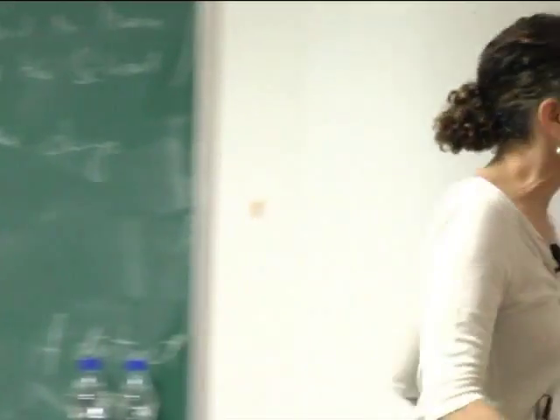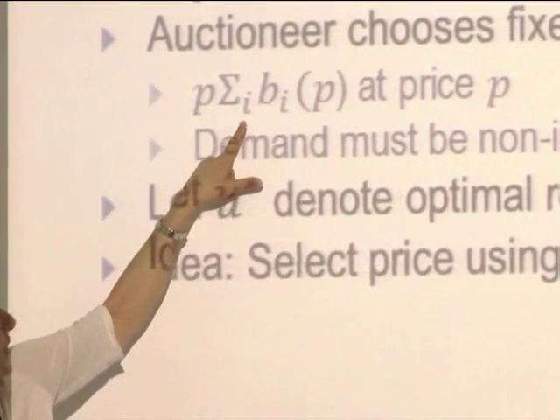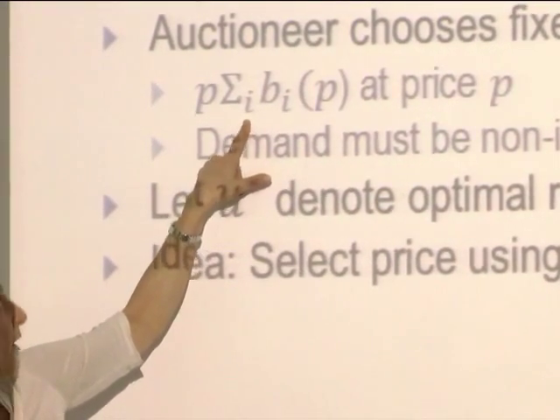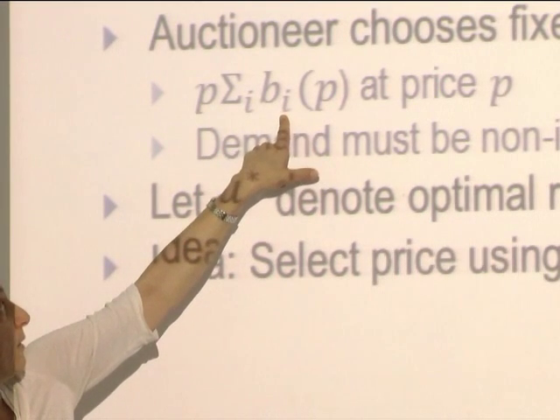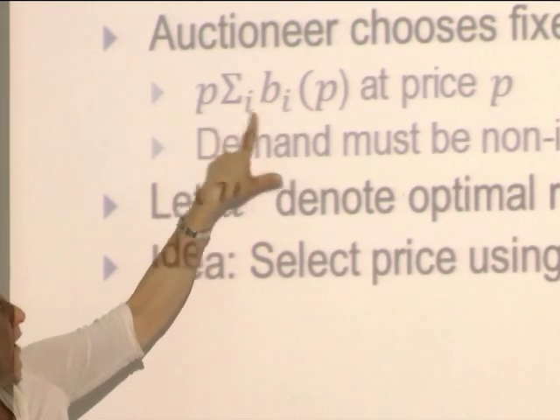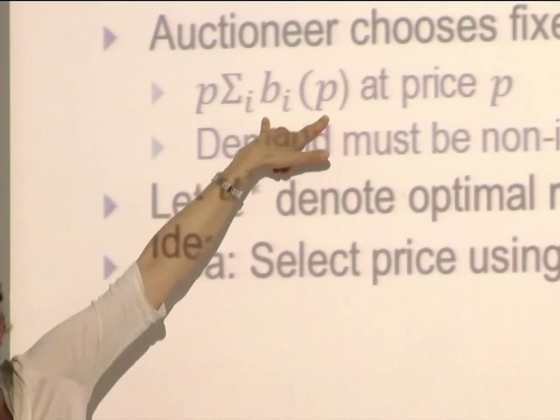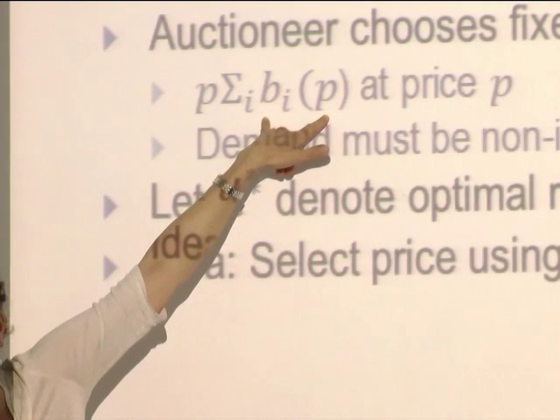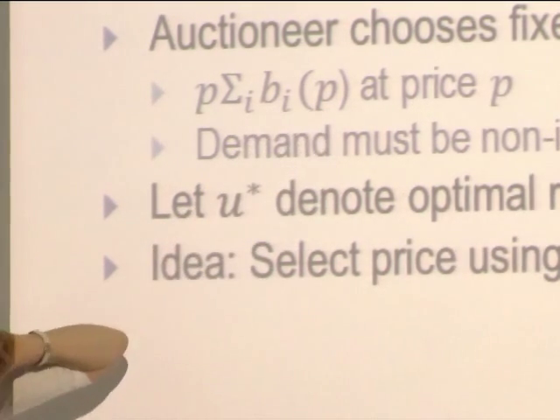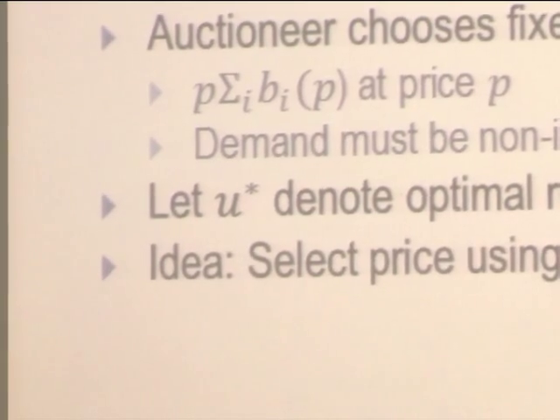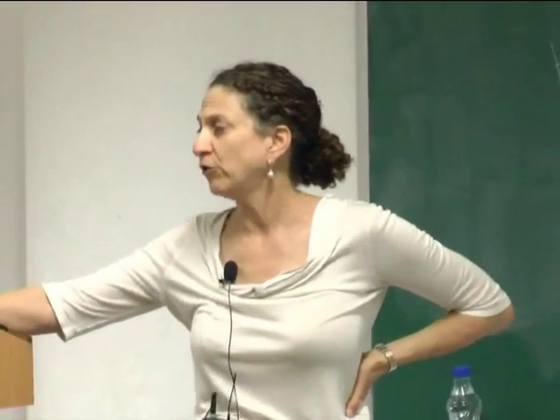When the price is fixed at P, the seller will get the sum over all of the bidders of P times how many items the ith bidder wanted at that price P. Okay. So if we let U star denote the optimal revenue for a database of bids, the idea is we want to select the price using the exponential mechanism.